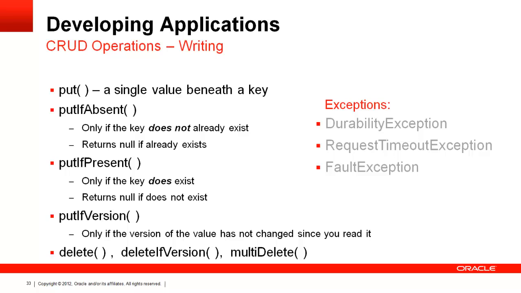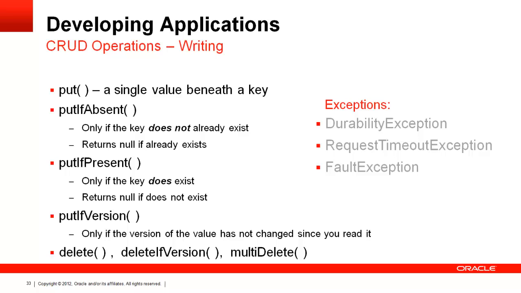Or you can use put if present, which is the opposite of that. You're doing an update, and only if that key already existed do you want to update it. If it didn't already exist, it returns null, and then the application needs to check for that.